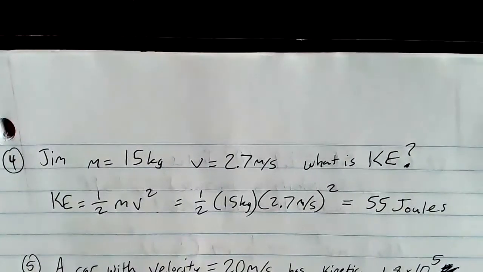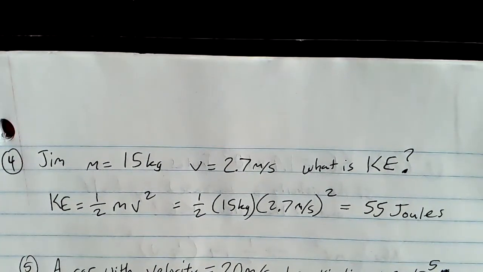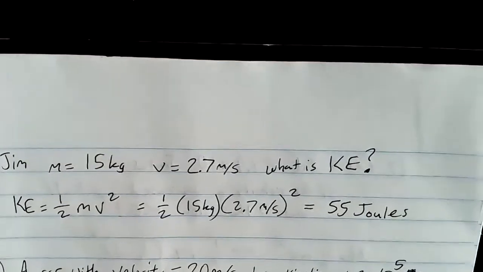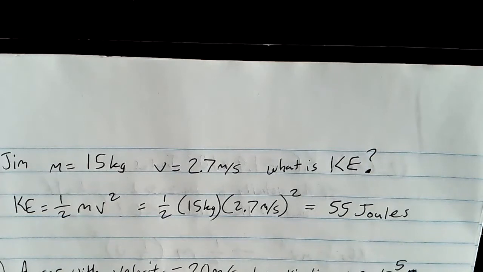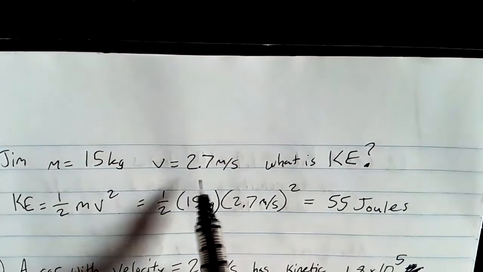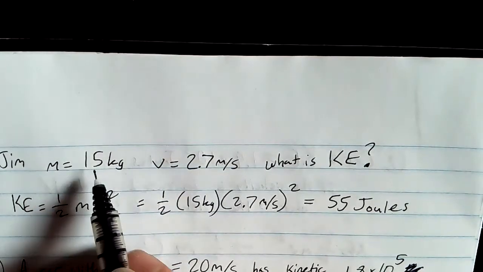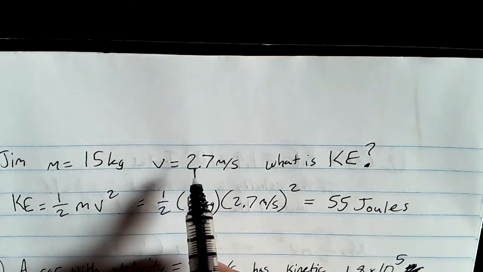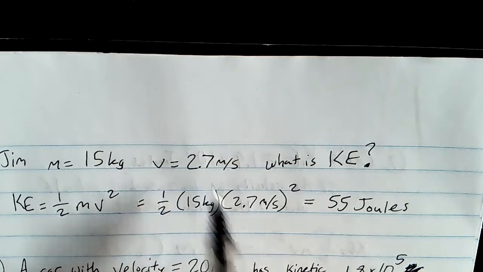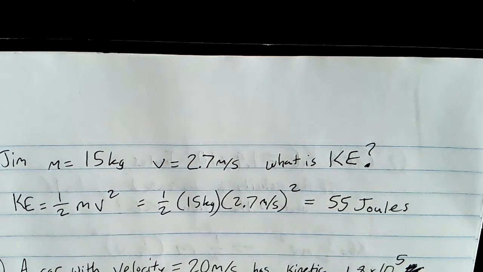Next question. Jim has a mass of 15 kilograms, and he's running on the ground with a velocity of 2.7. So mass equals 15 kilograms, velocity equals 2.7 meters per second. What is Jim's kinetic energy?